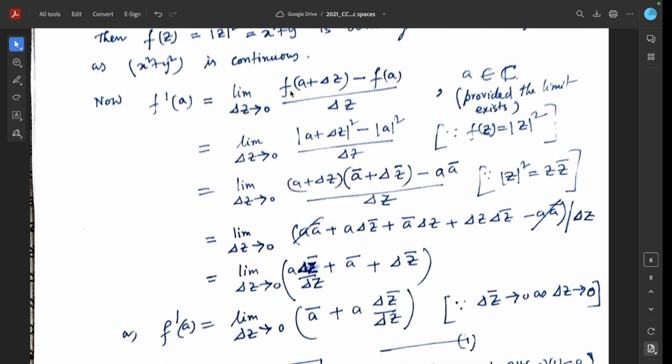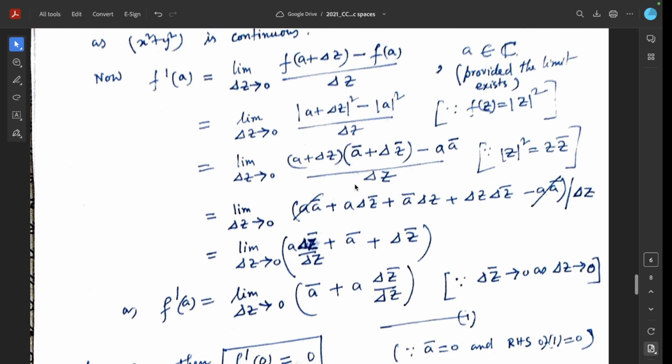Put the value of f(a plus delta z): mod of a plus delta z square minus modulus of a square. Now, modulus of z square means z into z bar. So (a plus delta z) times (a plus delta z) whole bar, that means a bar plus delta z bar, and mod a square equals a into a bar.